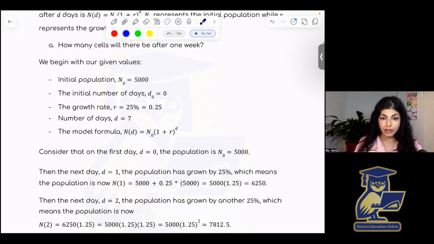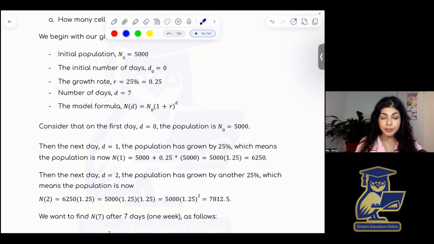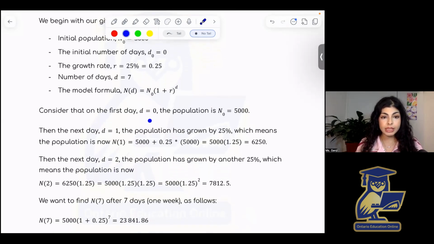So before I calculate it, I did want to go through step by step for some of the days so you see what this really means. So consider that on the first day, when d is equal to 0, the population is 5,000. That means the next day, the population has grown by 25%, which means that 25% of 5,000 has been added to 5,000.